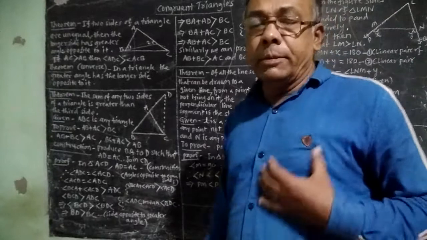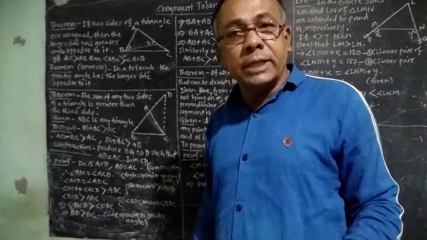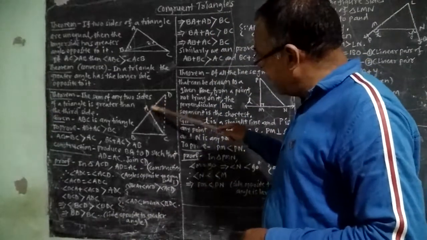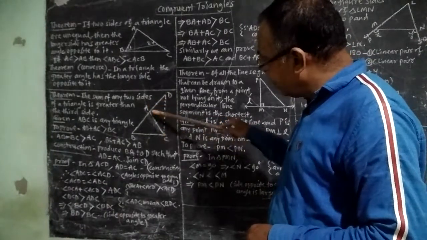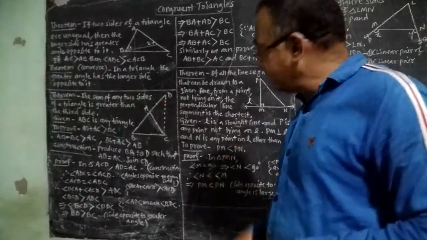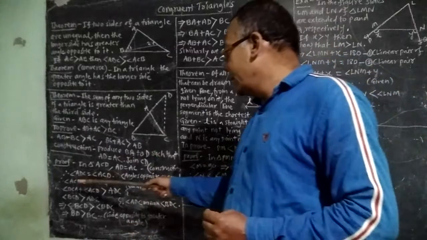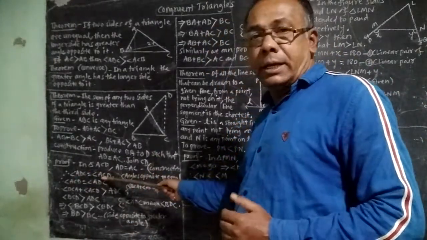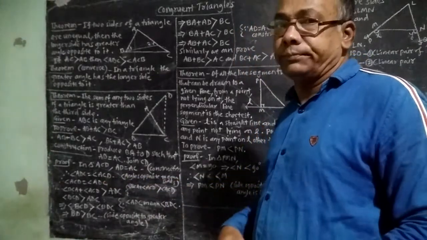We know that if two sides of a triangle are equal, then their opposite angles are also equal. Means angle ADC, which is opposite to AC, is equal to angle ACD, which is opposite to AD.